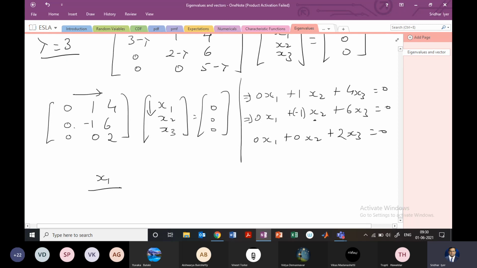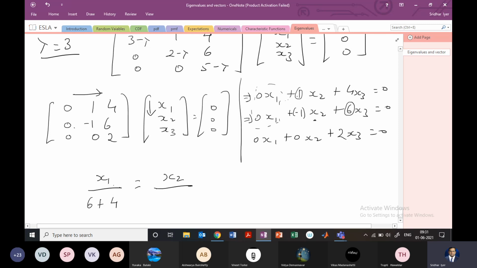So for x1, I will ignore the first column. You'll get 6, that is this 6 multiplied by this 1, and minus of minus 4 into 1, so it will become plus 4, equal to x2.